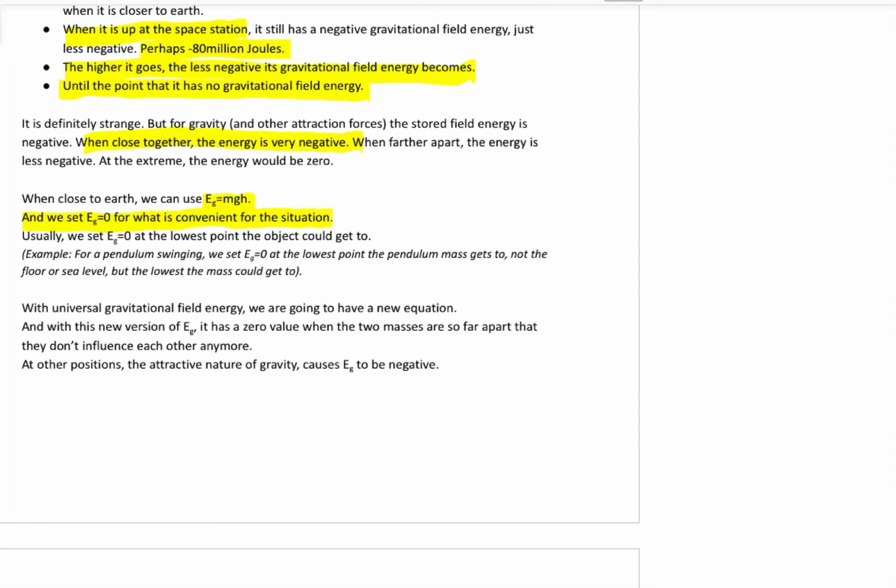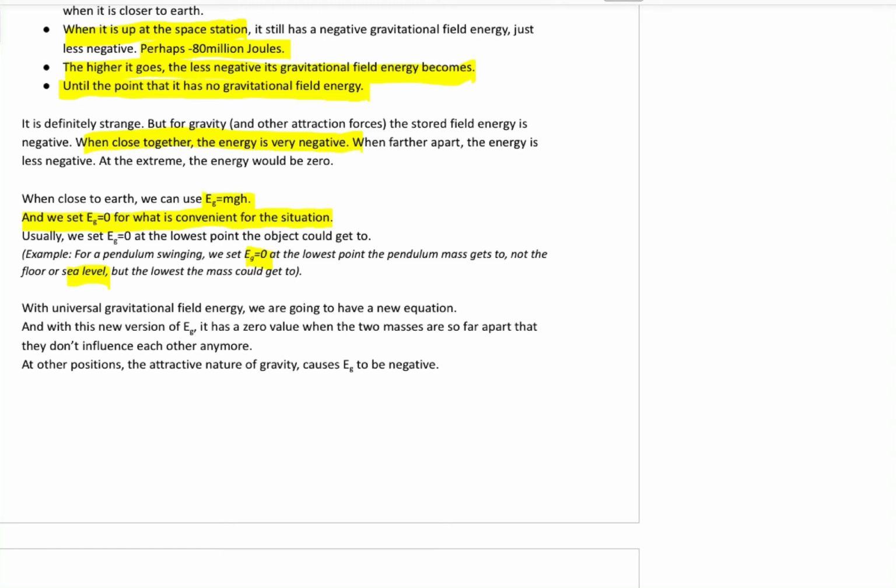So we'd build up off of that. So when it's 20 meters high, we would plug in an h of 20 and calculate our way through. We wouldn't say that the EG was 0 at sea level, because we're not comparing it to sea level. So we could arbitrarily choose our EG equals 0 amount in grade 11 using that mgh equation.